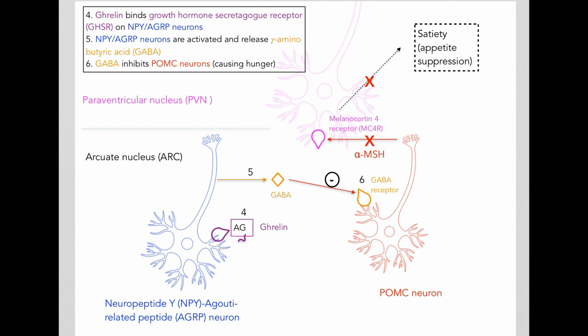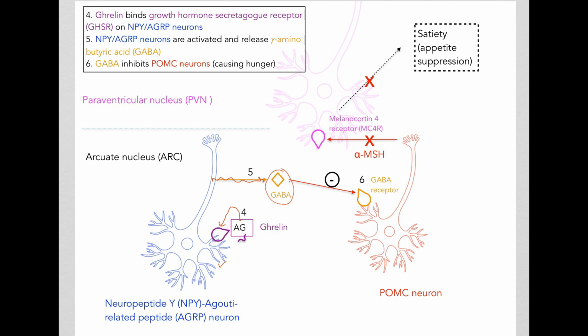So when ghrelin binds these receptors on these NPY-AGRP neurons, this will cause these neurons to release gamma-aminobutyric acid, or GABA.